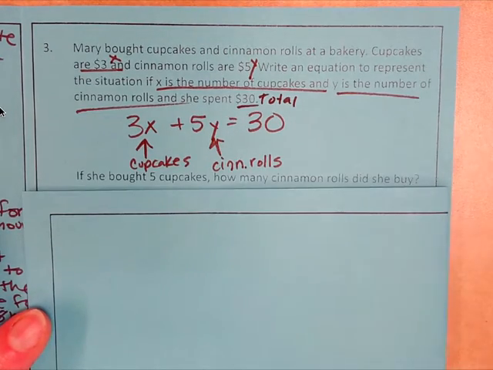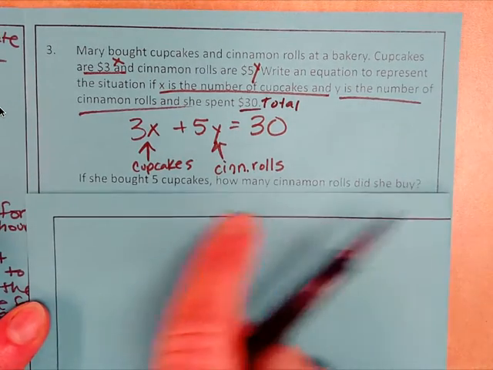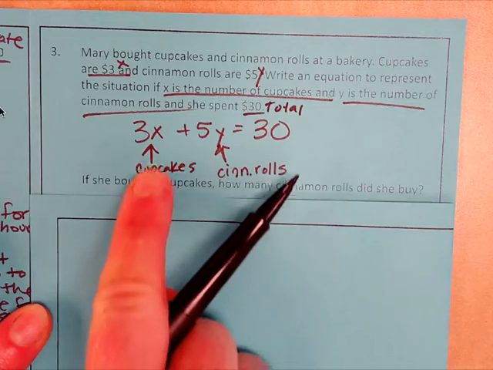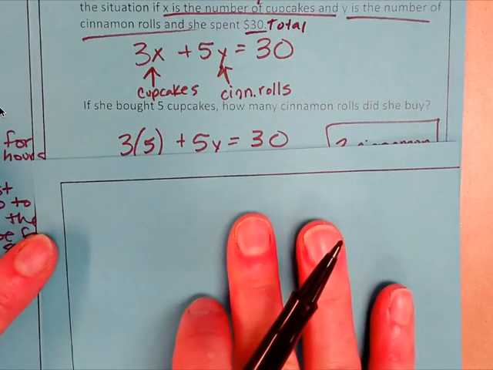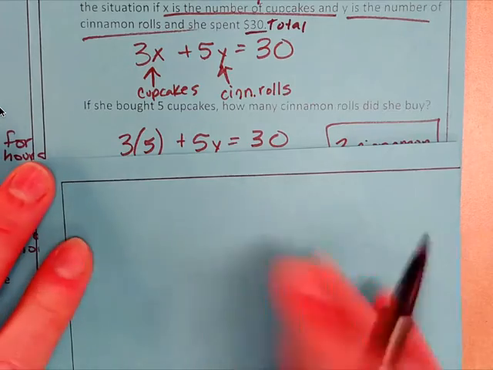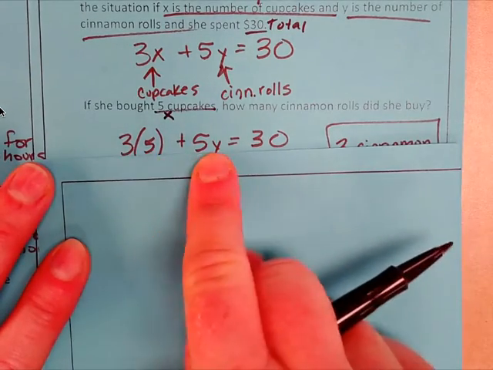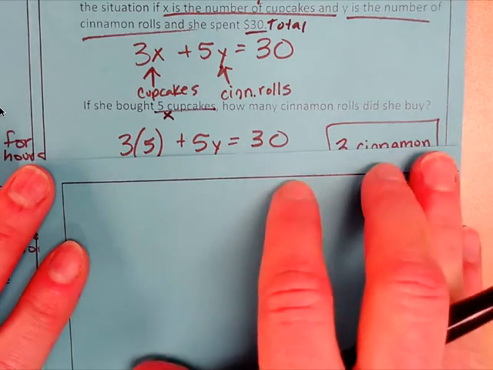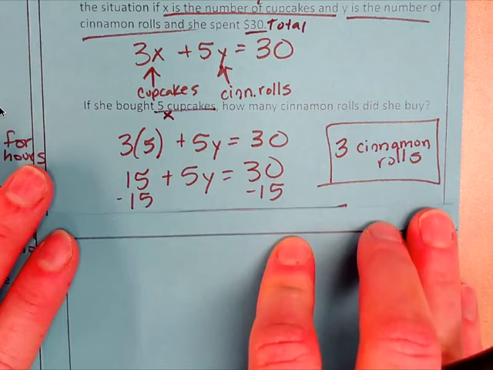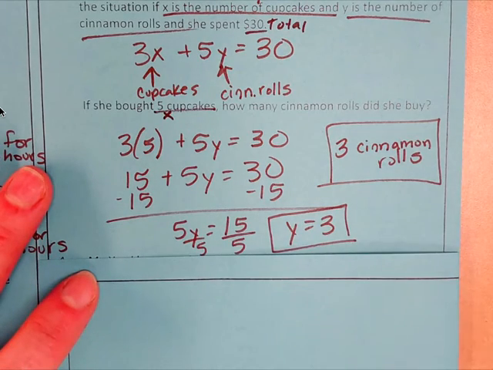If she bought 5 cupcakes, how many cinnamon rolls did she buy? So 5 cupcakes, that means I'm going to substitute in 5 for x, because we're talking about 5 cupcakes, so that's x. So 3 times 5 plus 5 times y equals 30. Substitute in and solve it. And a lot of y'all, I see that y'all are working in your calculators a lot, which is great.